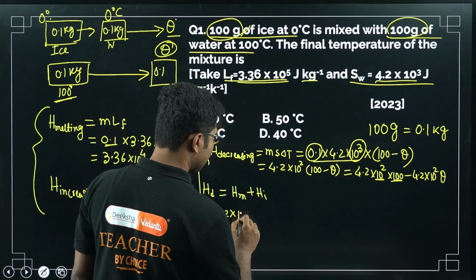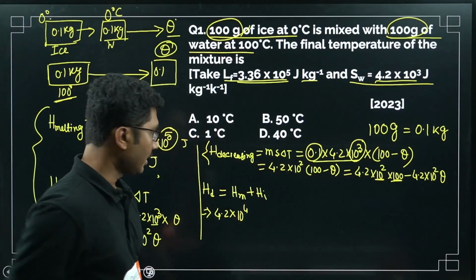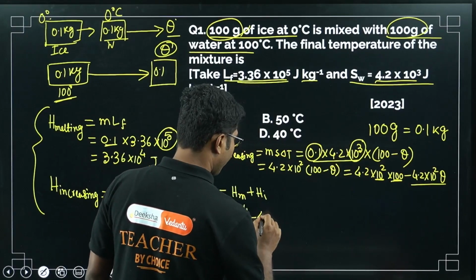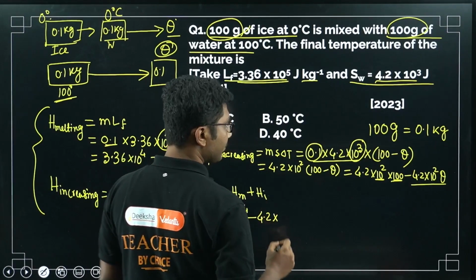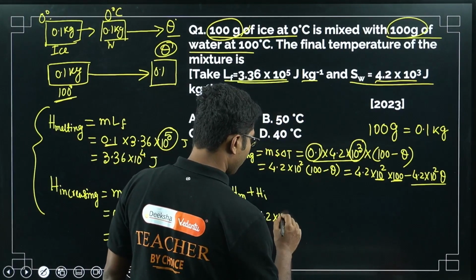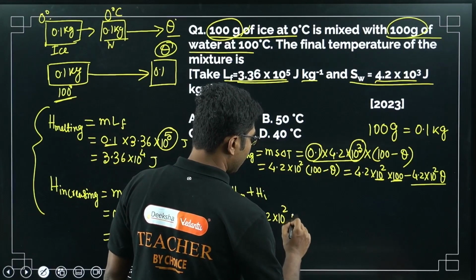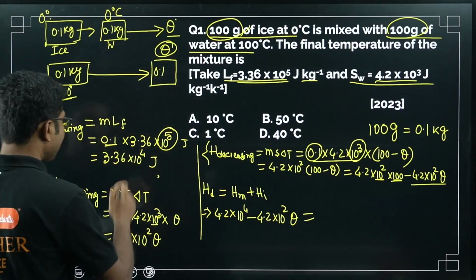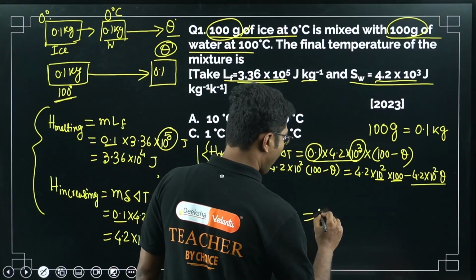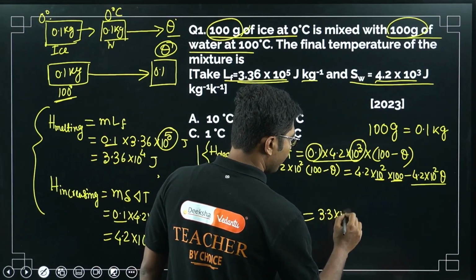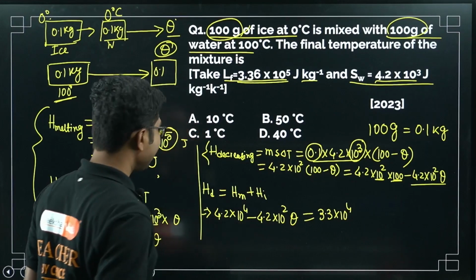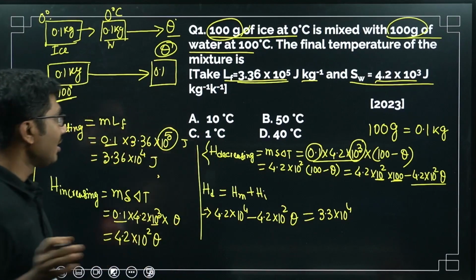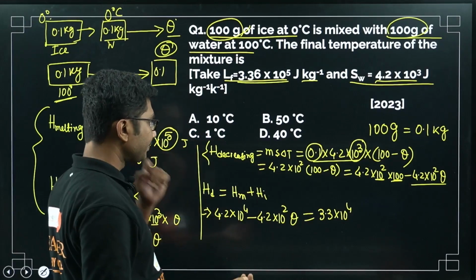So we can write this as 10 to the power of 4, right, minus this one, 4.2 times 10 to the power of 2 theta equals to, what is HM? HM is 3.3 times 10 to the power of 4. Okay, 3.36, 3.3. Okay, I am just taking 3.3. We will calculate the exact value later on.